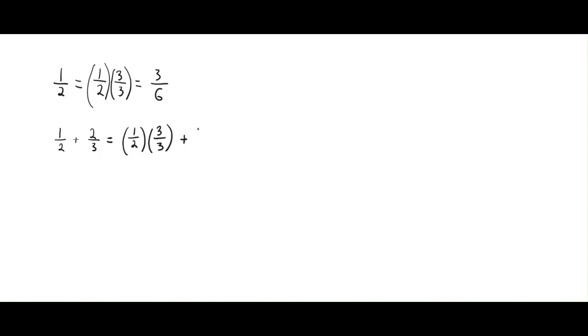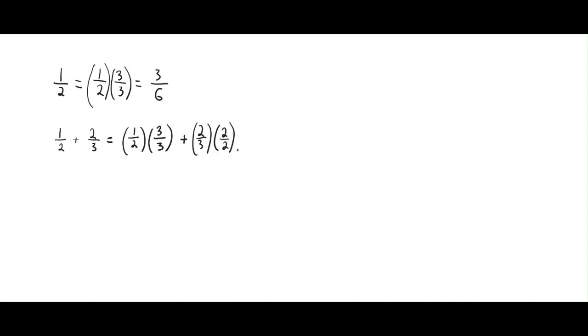This 2/3, we're going to multiply the top and the bottom by the 2. So we've got 2/3, and we'll multiply that by 2 over 2.